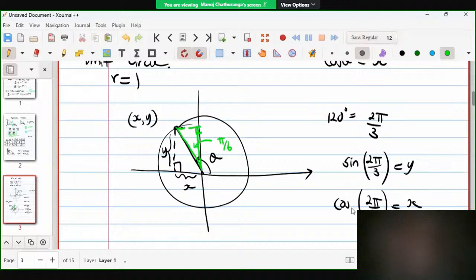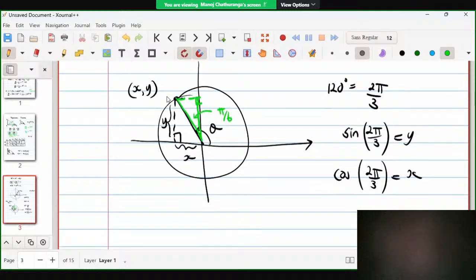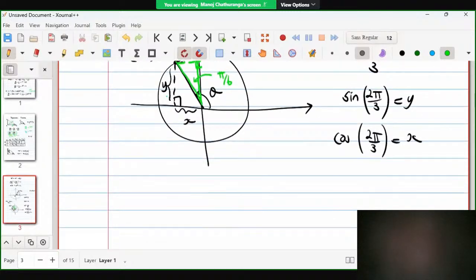And since we know the trigonometric values for pi by 6, opposite side is hypotenuse times, hypotenuse is r equals 1, sine pi by 6.